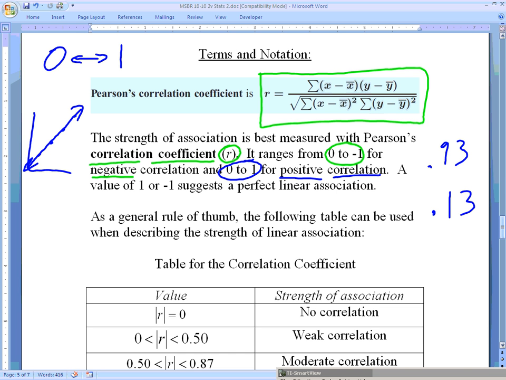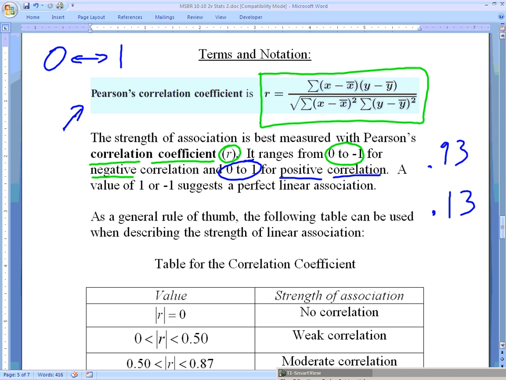But they can also be negative, which means that if I had those same values, like a negative 0.93, well, it's close to -1. So in that sense, it is strong, but it's negative, so it's strong negative correlation, which would mean you'd have a scatter plot that was going down.